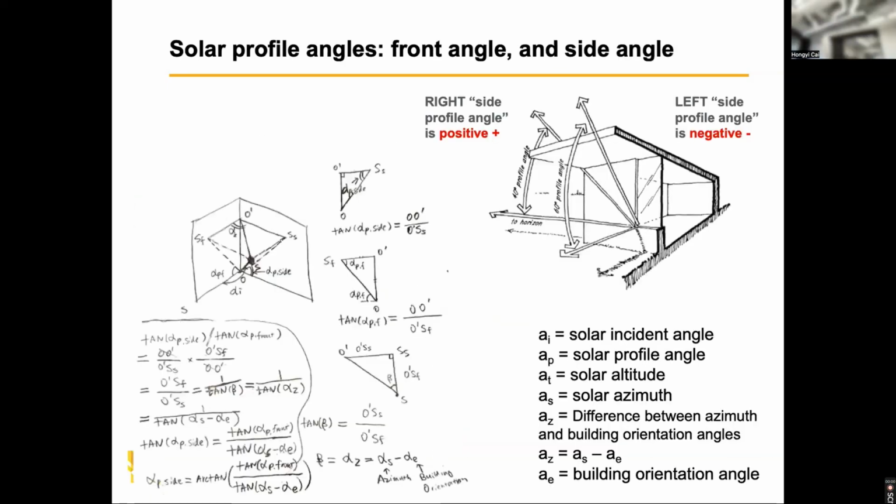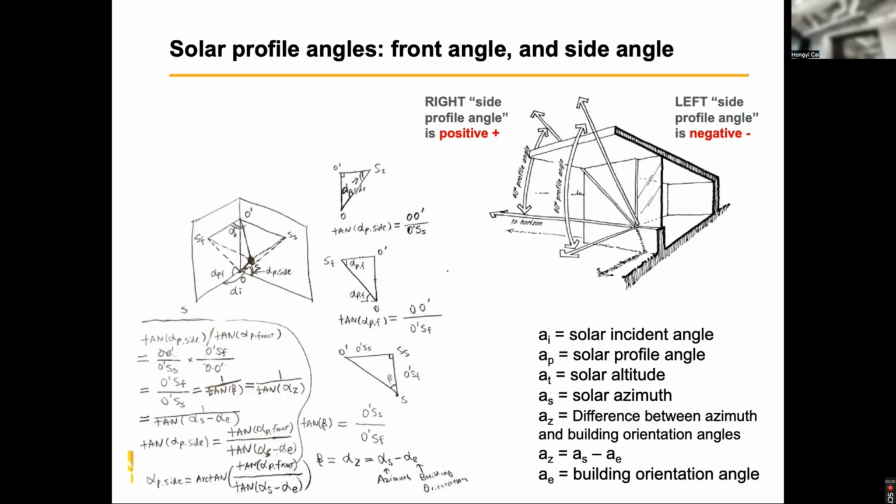So if you look at this, you see we have a window here, right? We have a shade. It's part of the roof over there. And because we are concerned about the forward direction, this angle should be the front profile, right? And this angle should be the side profile.